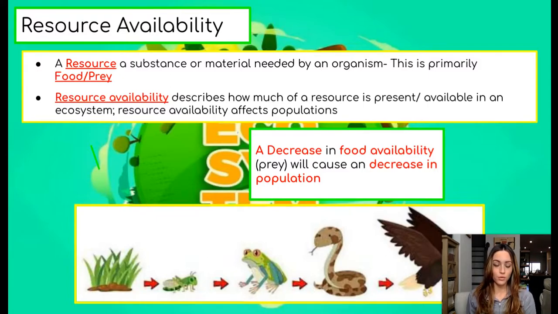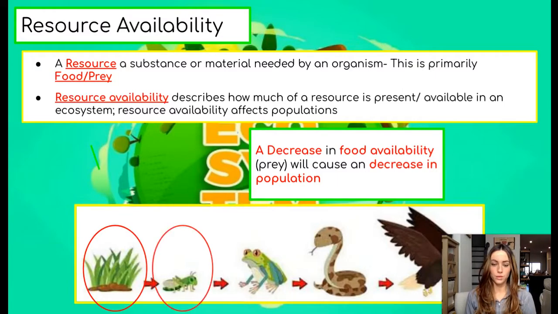There's less food available to sustain that population, hence less of that organism will be able to survive. For example, if we saw a decrease in the population of grass plants in this ecosystem, we could also assume that we would see a decrease in the grasshopper population. Less grass available to be eaten by the grasshoppers, less grasshoppers that will be able to eat and survive.